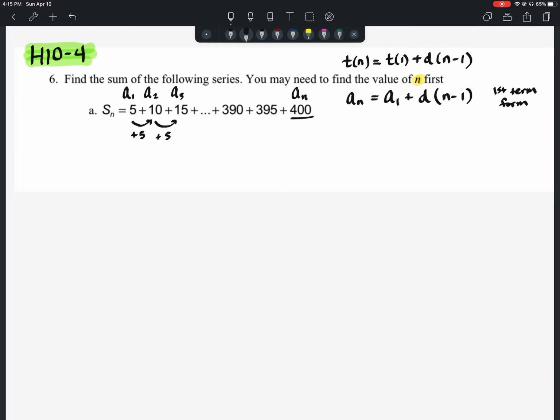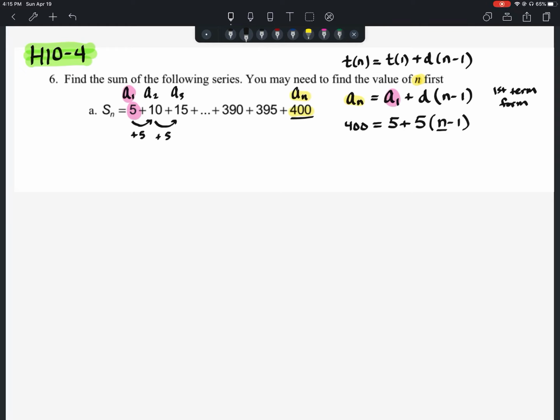Okay, so let's figure out what n is going to be in this one. We know that a sub n is 400, so let's put that in. We have 400 is equal to our first term, which is 5, plus our common difference, 5, times the quantity of n minus 1.